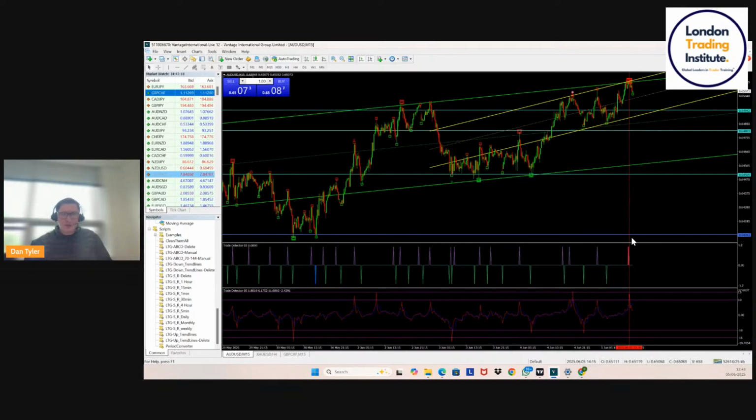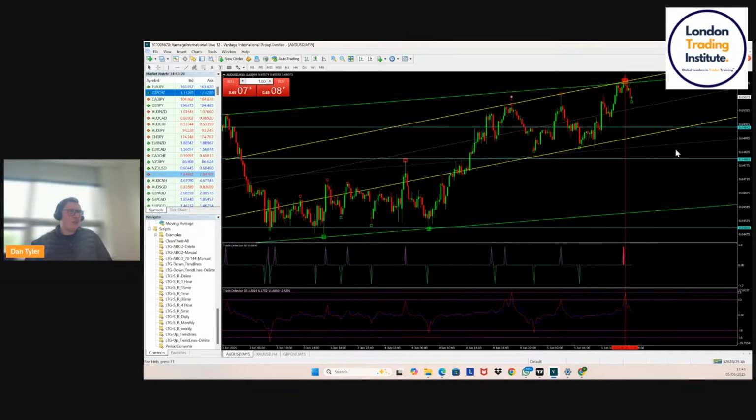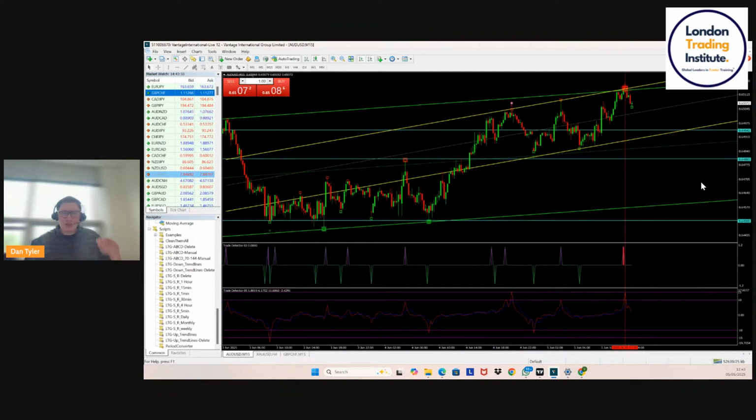We have all three of our signals aligning. This is what we like to call the rule of three, 3 in 1. This is the perfect market condition for us to think about taking a trade. Okay.